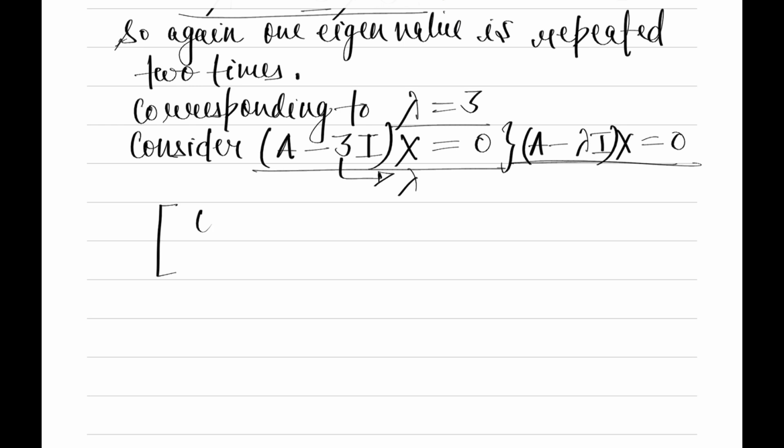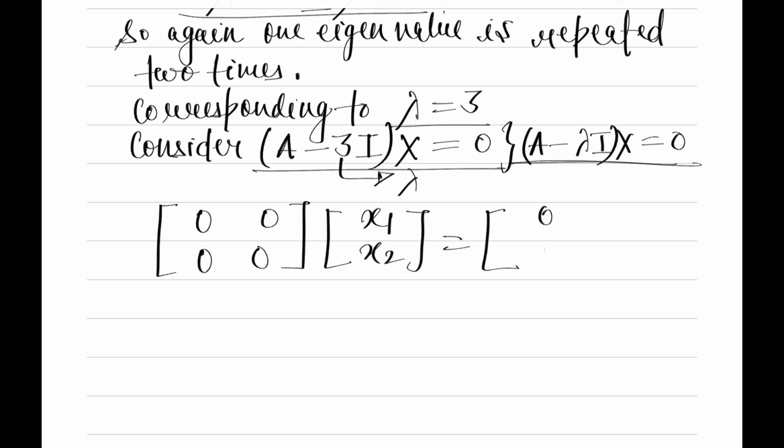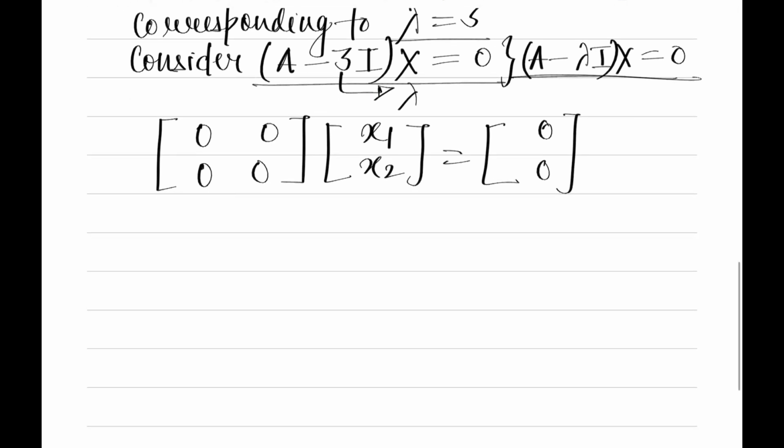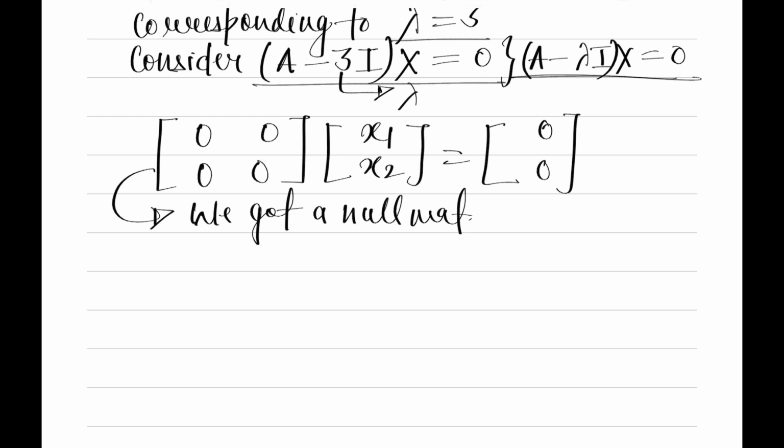Matrix will be 0, 0, 0, and 0, and we have variables x1, x2, which will be equal to 0 and 0. Now we got a null matrix.